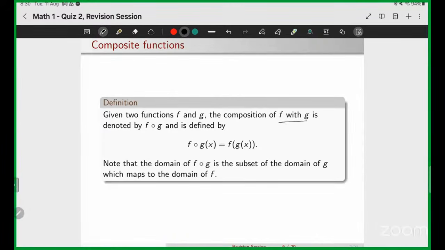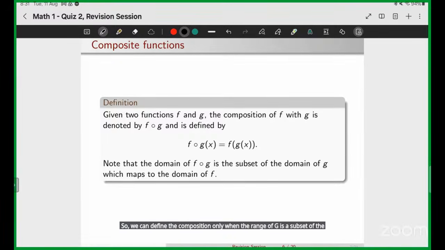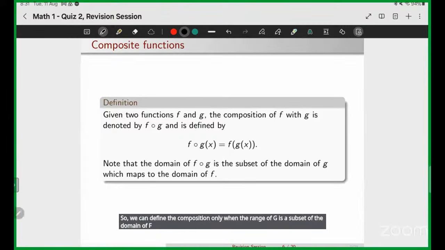Strictly speaking, we should say whenever it exists, because g of x may land in something which is not in the domain of f. So we can define the composition only when the range of g is a subset of the domain of f. To see this, let's take up an example.